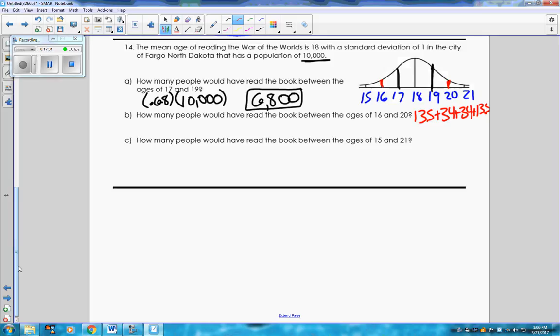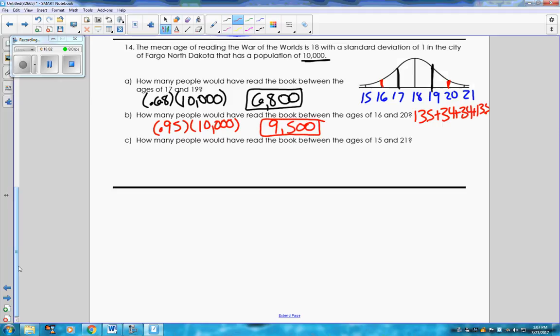When you add those together, you should get about 0.95. You're going to multiply that number by 10,000, which gives you roughly 9,500 people.